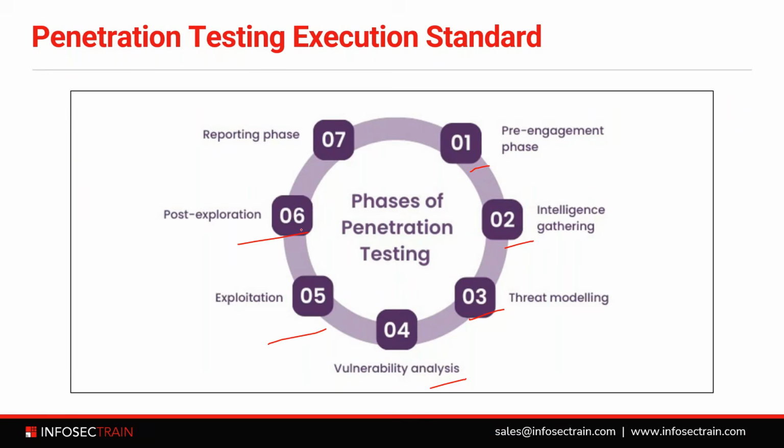Then once you have exploited the vulnerability, you will go inside the machine, take the access of the machine, and then you will just get the access. And you will try to find out more vulnerabilities. You will again do reconnaissance inside the network, so that you can find a way by which you can move laterally from one system to another.